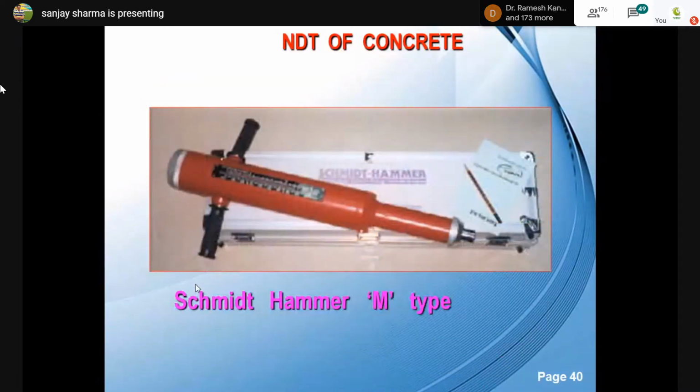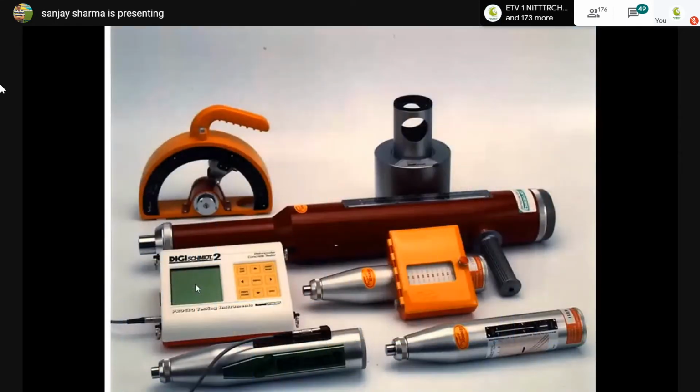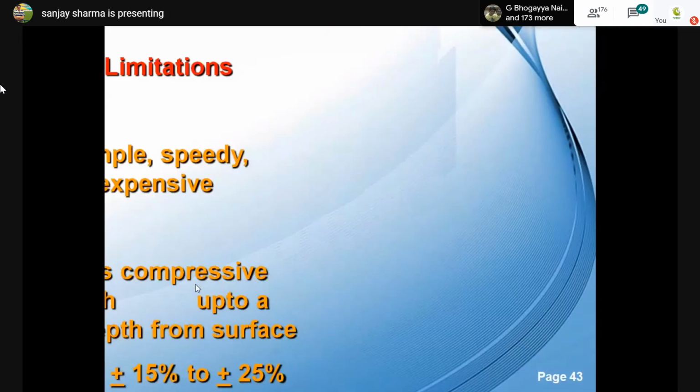This is the M-type hammer, which is for mass concreting. It has a higher plunger, and for dams and airport pavements, etc., we can use this hammer. The impact energy is very high. These are just different pictures of different types of hammers, so you can purchase any one.